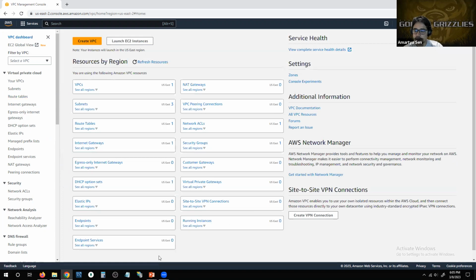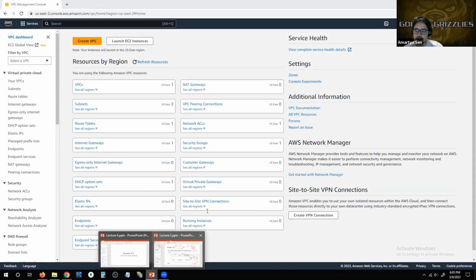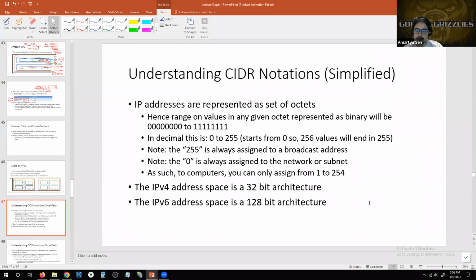Okay, so moving forward, let's talk about the CIDR block a little bit. As long as you are familiar with how network IP addresses work, it will be easier for you to understand how classless inter-domain routing works, right? So as we all remember from basic computer network classes, you represent your IP addresses as a set of 4 octets, okay?